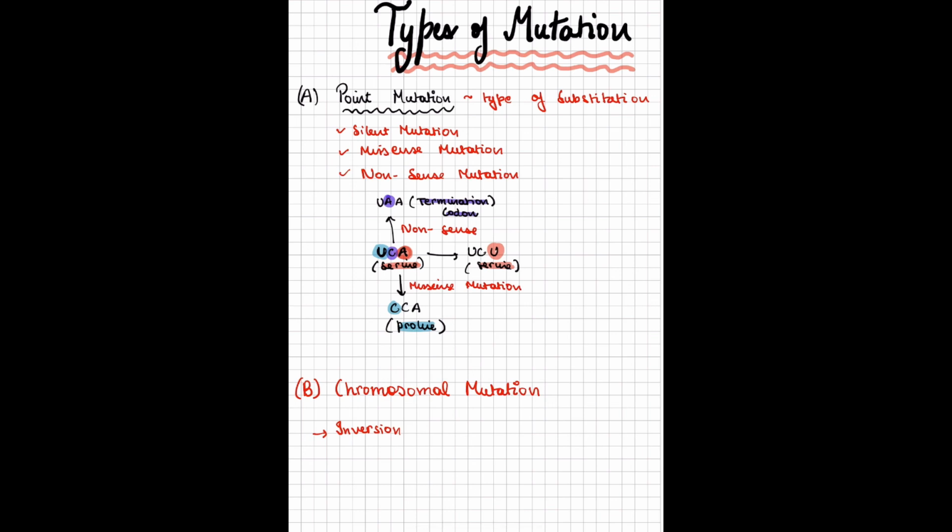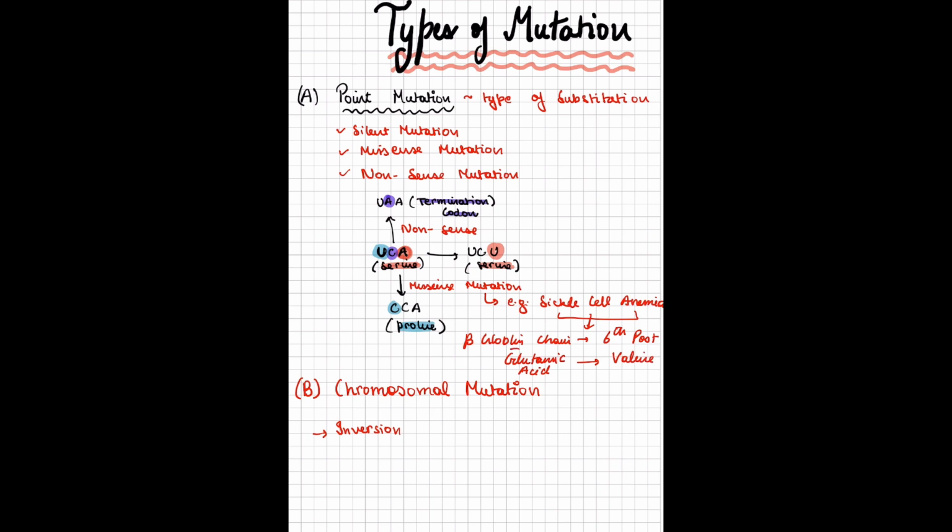Now can you tell me an example of missense mutation? The example of missense mutation is sickle cell anemia. What happens in sickle cell anemia? In the beta globin chain, at the 6th position, glutamic acid is replaced by valine.